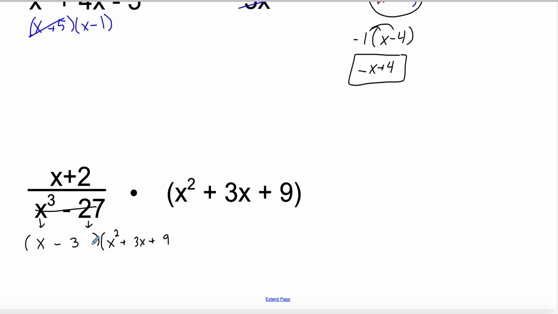And like I said, once you know how to do that, it's not that difficult because I can't factor that. And you might want to try to factor this, but there's not two numbers that multiply to a 9 and add to a 3. So that cancels with that. And we're left with x plus 2 on the top and x minus 3 on the bottom. So really it was only one step. I had to know how to factor that, and then I just canceled out these two common factors.